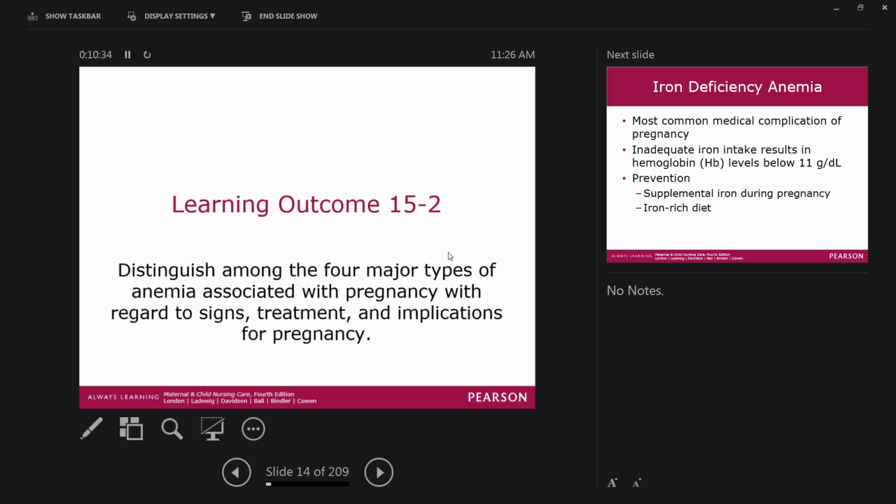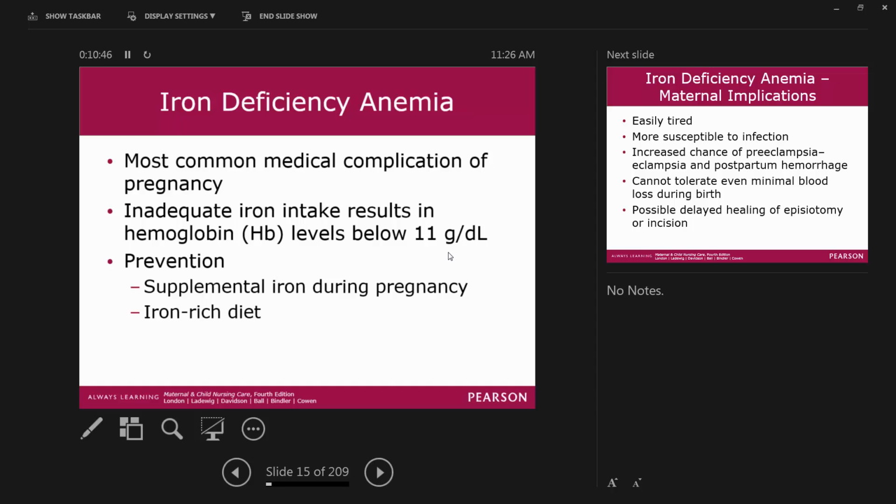Any questions about gestational diabetes? We will now start talking about anemia. There are several different kinds of anemia.